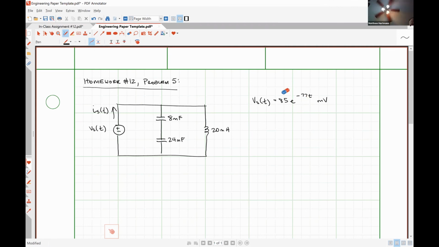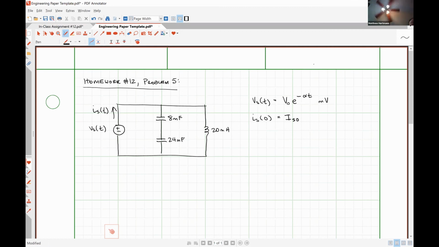Actually, I should work it generically, so it'll be more helpful to everyone. So let's call it V naught e to the minus alpha t millivolts. And that Is at 0 has some particular value. Let's call this Is0.